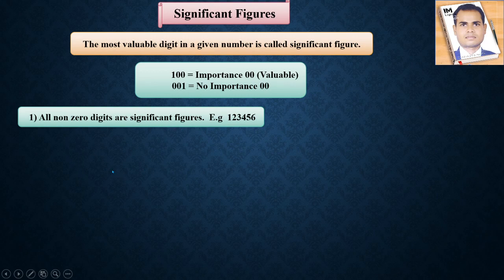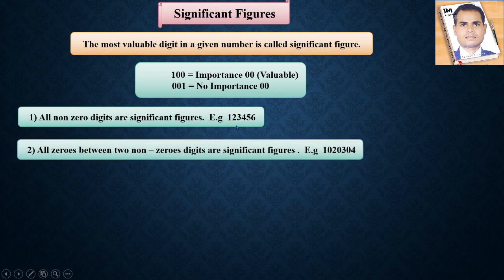So first rule: all non-zero digits are significant figures. For example, take 1 2 3 4 5 6, all of them are non-zero digits. So in this number, 6 significant figures are present.